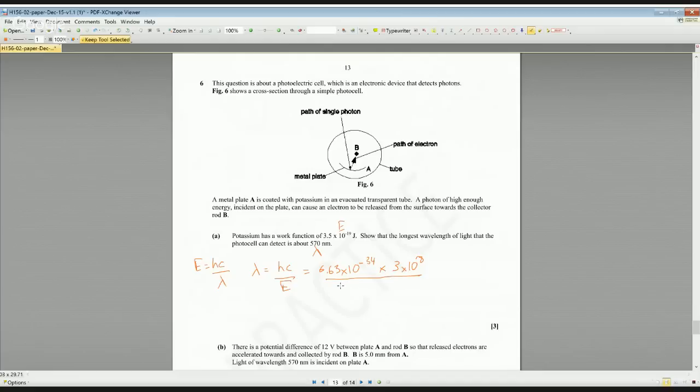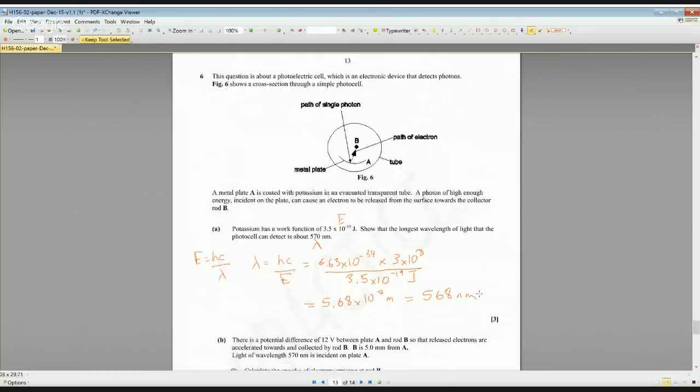And energy, the work function, 3.5 times 10 to the minus 19 joules. This will give us our threshold wavelength of 5.68 times 10 to the minus 7 meters, which is 568 nanometers, so very close to the 570 that we are demonstrating. Remember, as it's a show that question, it's even more important than normal that you show all of your working.